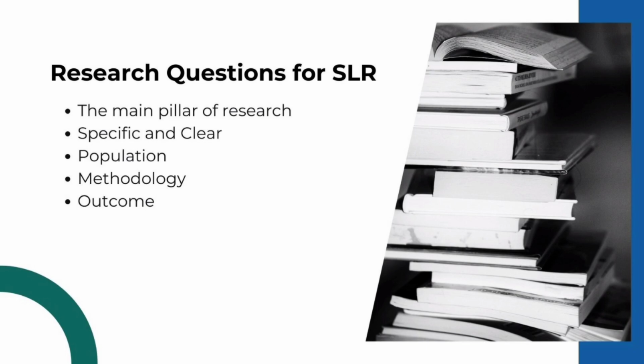So let's go towards our first phase, which is research questions. A research question is very important because research questions navigate us toward our aims and goals. If our research question is clear, everything will be clear.